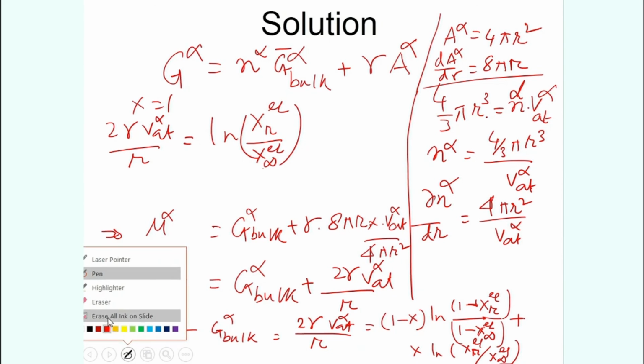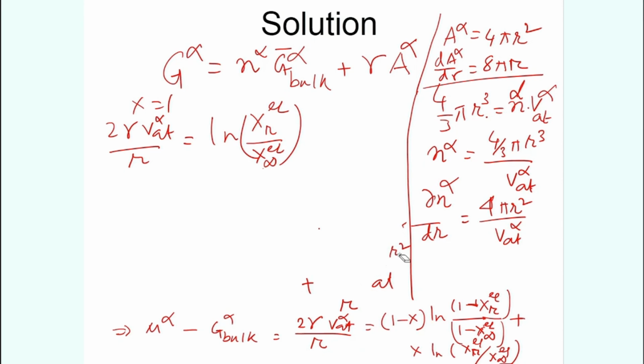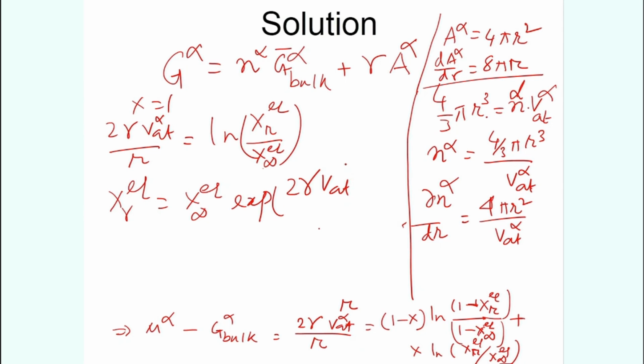Okay. Why do you assume x equal to 1? That is easy, because x equal to 1 gives you a pure phase, right. That is why. So then you can see x r equilibrium is equal to x infinity equilibrium into exponential twice gamma V atom alpha.